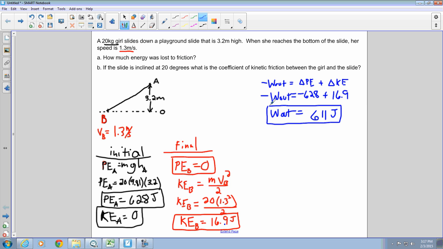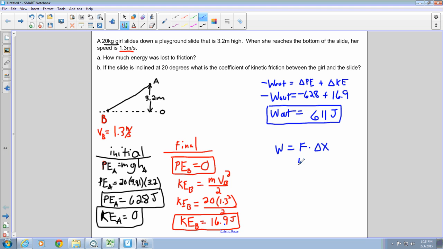So that takes us to part B. If we have a slide that's angled here at 20 degrees, we can figure out what our coefficient of friction is. And the way we can figure that out is because we know the work. Work is equal to the force times distance. What's the force we're interested in?